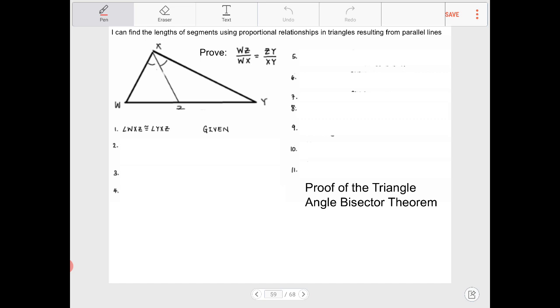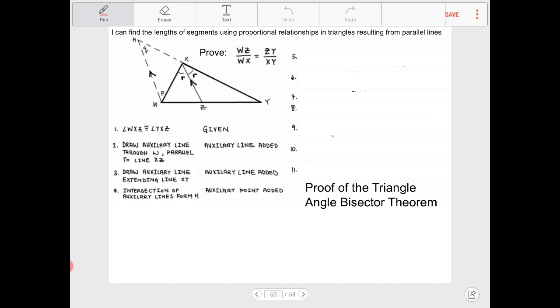As a result of this, we're going to prove that that proportion holds true: side length WZ over side length WX will equal side length YZ over side length XY. It seems kind of odd that those two proportions would hold true as a result of the angles being congruent on either side. So let's take a look at how we can accomplish this.